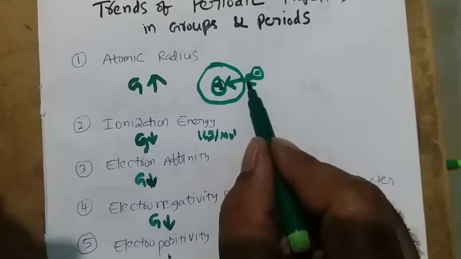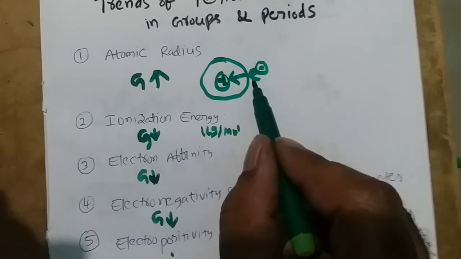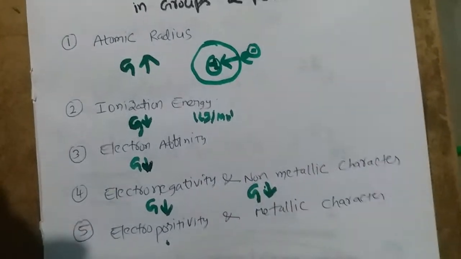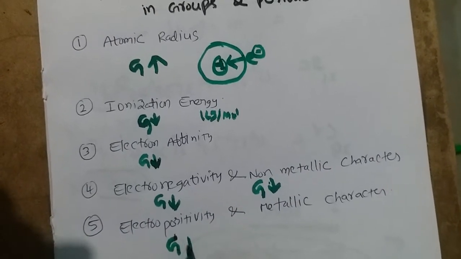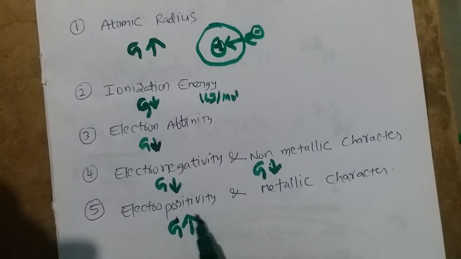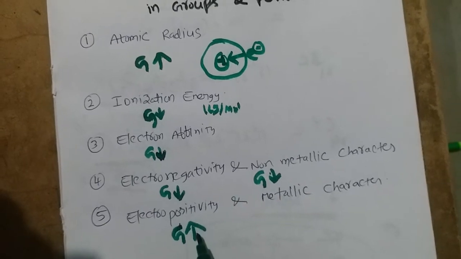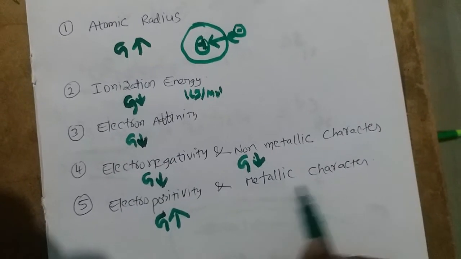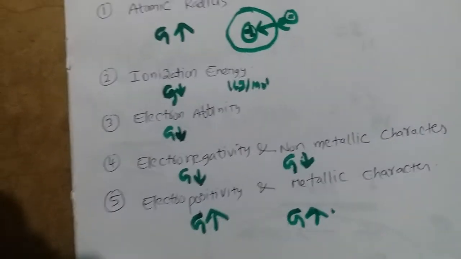Then they lose electrons easily with a minimum amount of ionization energy. So losing ability increases, meaning electropositivity increases. The losing ability is the characteristic property of metals, so metallic property also increases in groups.